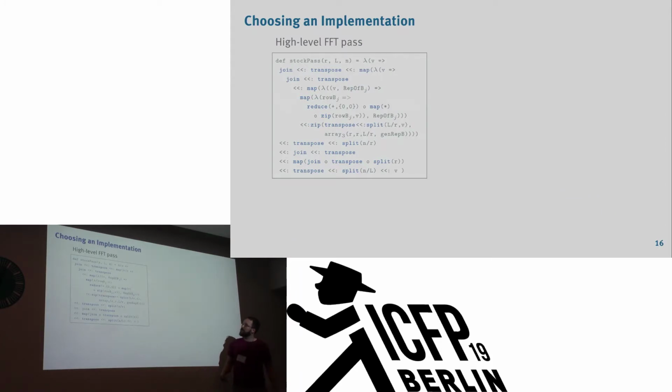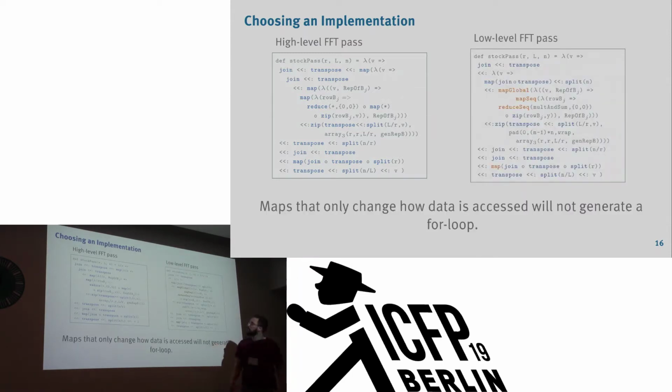As an example here, this is the same expression, we have the high-level FFT parse, and this is rewritten into a low-level FFT parse expression that looks something like this. A lot of things stay the same, but some things change. For example, some maps become map global, which just says that the map should be executed in parallel, distributed over all the threads running on the GPU.